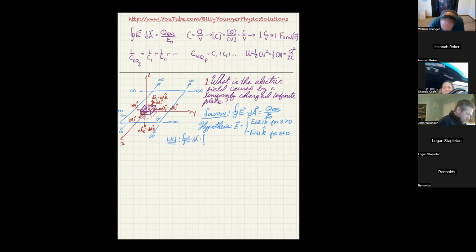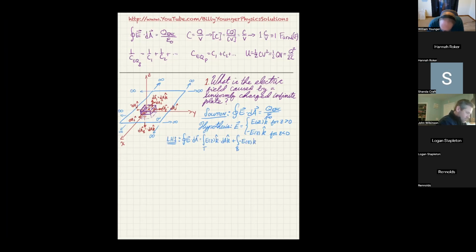But basically, I'm going to say it's the integral over the top of E of z k hat dot dA k hat plus the integral over the bottom. I'm choosing to do it in a very specific order for a good reason. This is negative E of z.